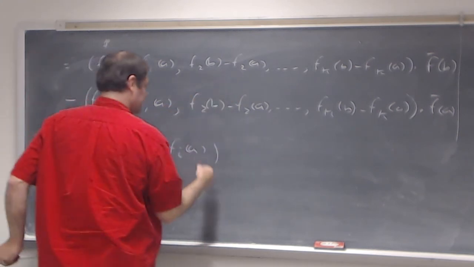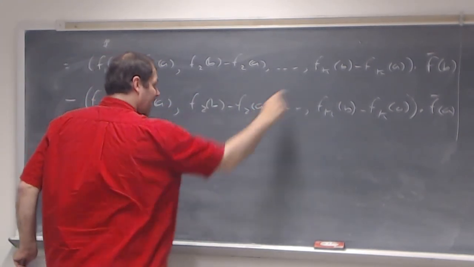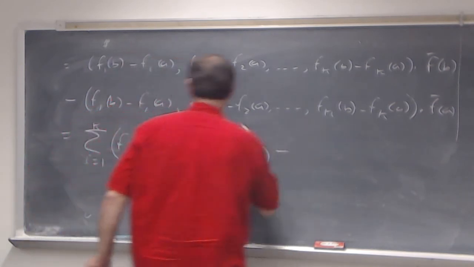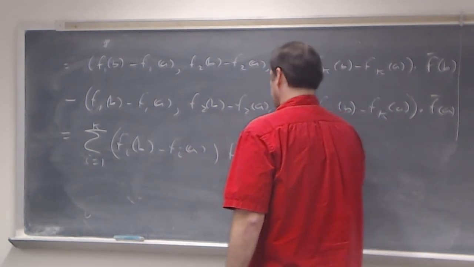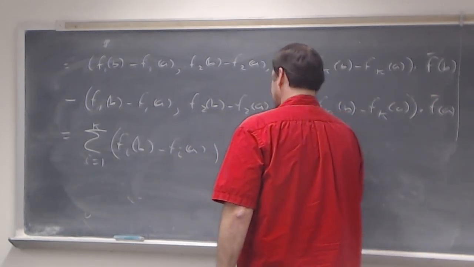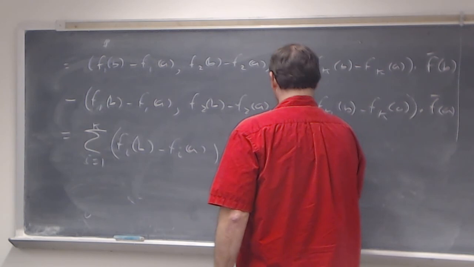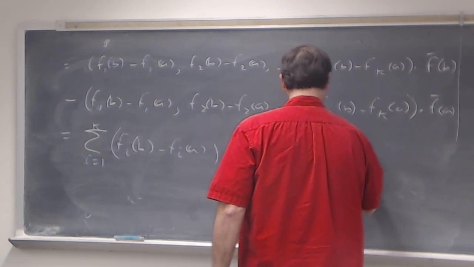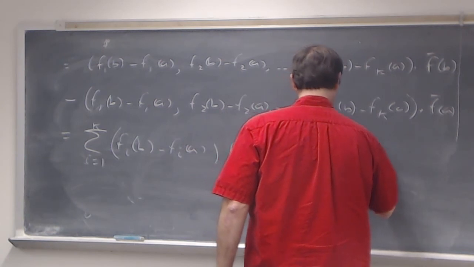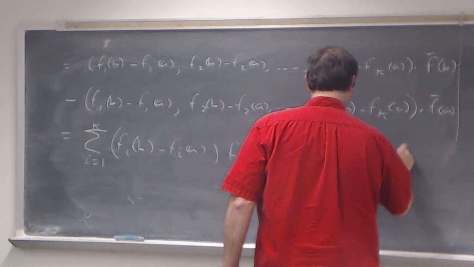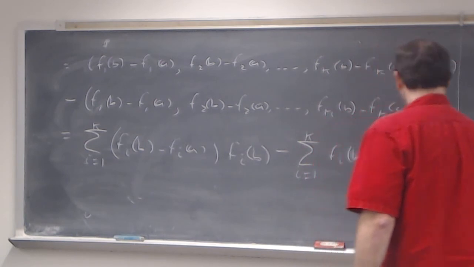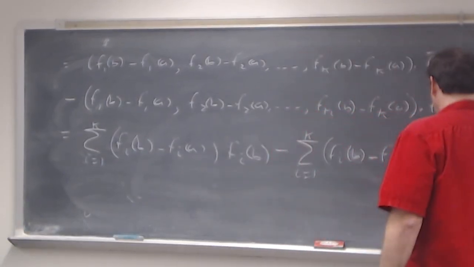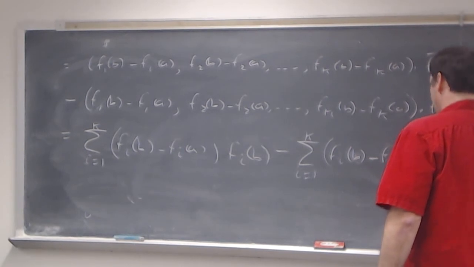That's one of these components, the ith component here, times the ith component there, which will be F sub I acting on B. Minus, similarly, we rewrite the subtracted part as a sum, I running from 1 to K. Here we have F sub I of B minus F sub I of A. And then the corresponding multiplication here is going to be F sub I acting on A.